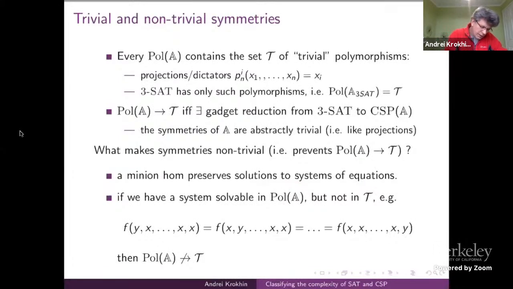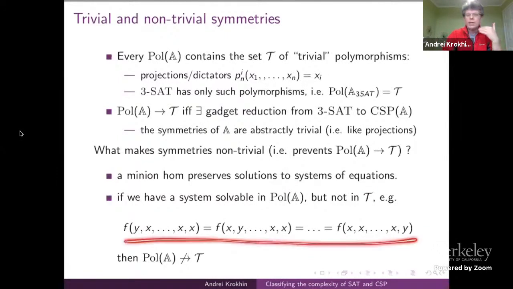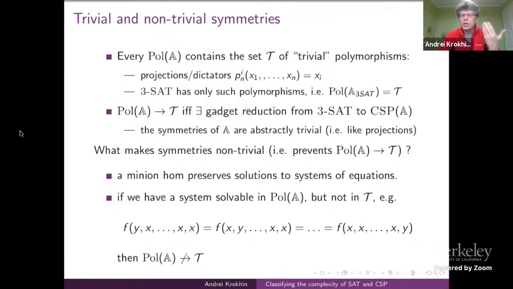So let's look at this and think of this as an equation where f is an unknown function. It has n variables. And what we know about f is that if we identify all variables in f except for 1, then we get a binary function depending on x and y, and this function will be the same regardless of where this sole y is.